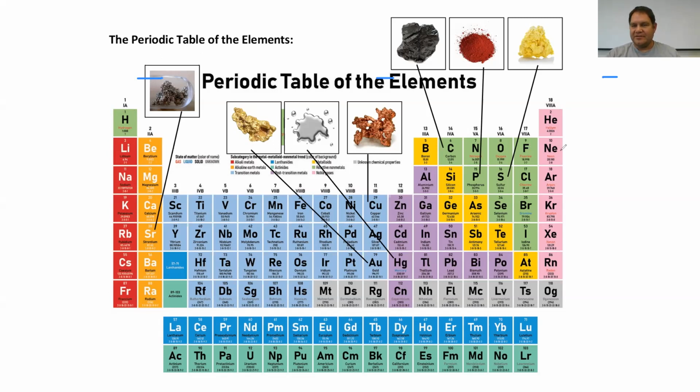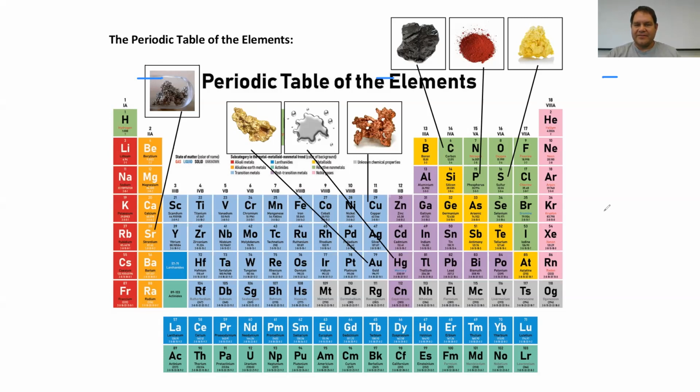Many of these you are familiar with or have heard of before. So if we ever need to know where the elements are and a list of them, we can always turn to the periodic table. And as I mentioned before, it's going to be very important that you learn the element names and symbols on the periodic table.